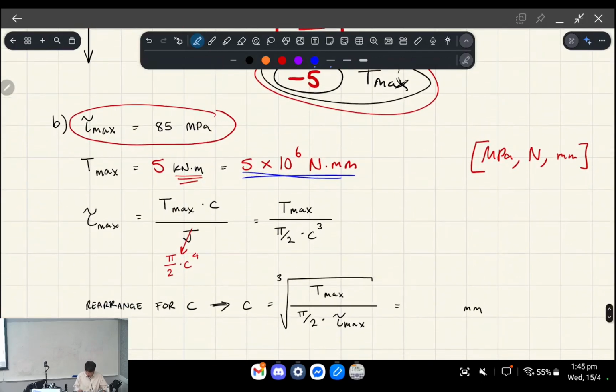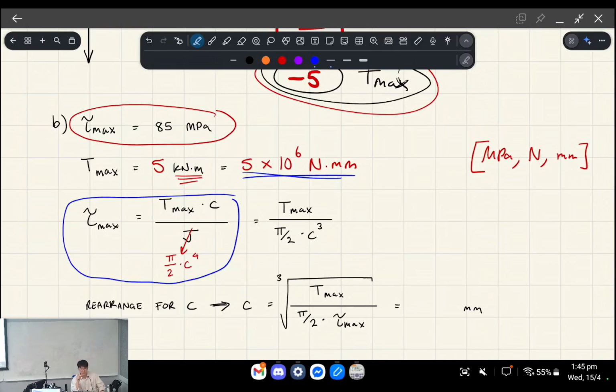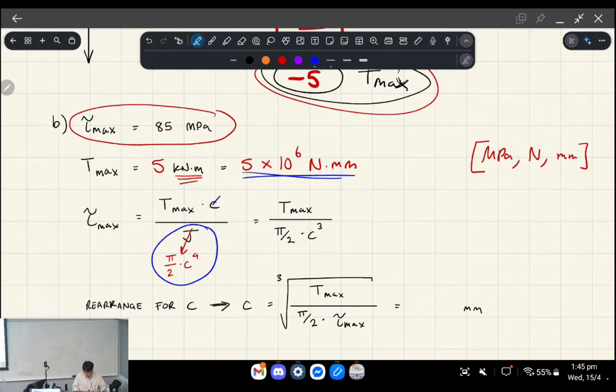Here's our formula, and we want to work out C, the radius, which corresponds to this amount of torque and shear stress. We can simplify this because we know for a solid rod that the expression we have for polar moment of inertia is already a function of C. So if I get rid of the c at the top and then punch this down to 3, we get this expression.